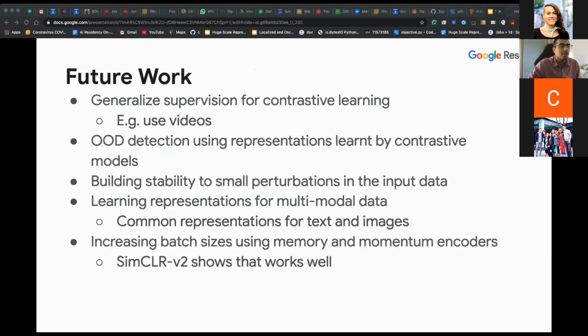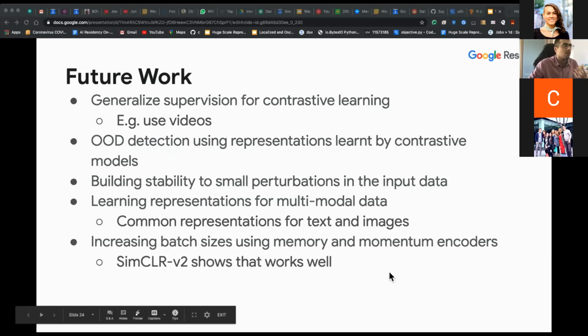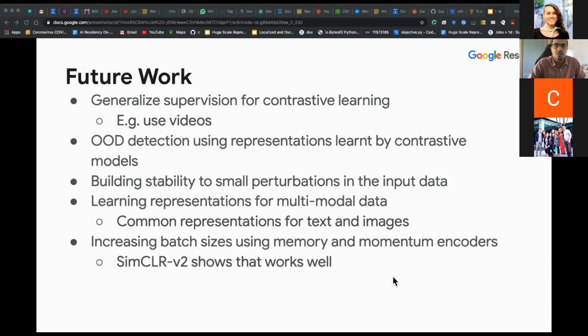And just very quickly, things we're still working on, a bunch of things, and other people should also try these. One is generalizing the supervision for contrastive learning; there's no reason to just use ImageNet labels. You can also do out of distribution detection, and maybe even classification-free out of distribution detection, if that makes sense. Building stability to small perturbations in input data is something we're working on.